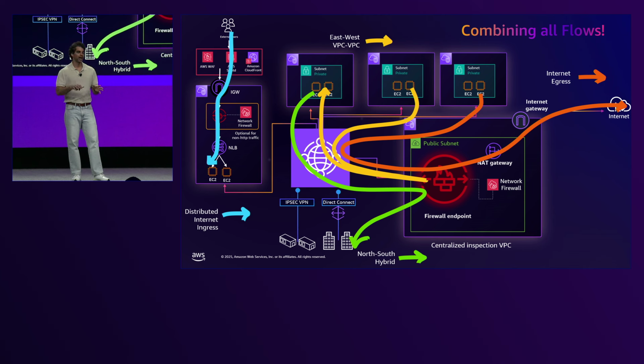Right? And you can see how you can have a centralized inspection VPC, which can cater for all the flows. So you don't really need to create multiple firewalls, multiple VPCs, etc. Of course, except the distributed internet ingress, which I still recommend to be distributed, and use web application firewall where you can.